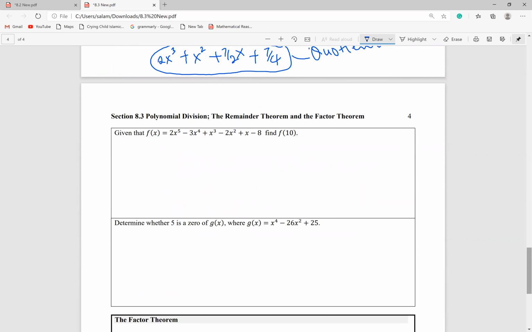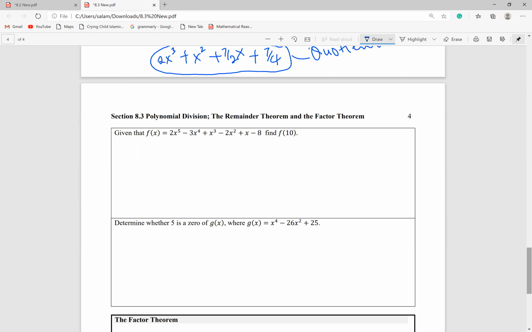Now we're given that f of x equals 2x raised to the power 5 minus 3x to the fourth power plus x cubed minus 2x squared plus x minus 8, and we're asked to find f of 10. We all know that to find f of 10, we just need to replace x with 10.